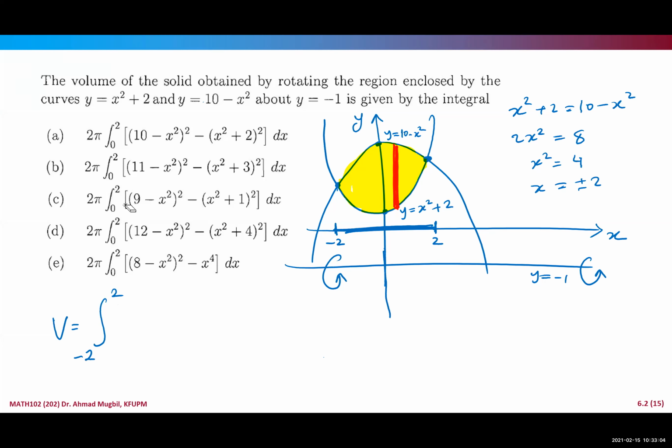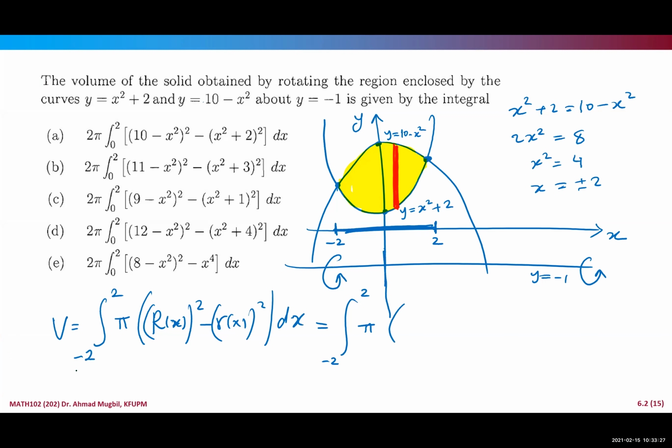Now what we will do next, we will decide about the outer radius with respect to x, of course, minus the inner radius, dx. The question is, what is the outer radius and what is the inner radius? Now, guys, let me use this color.